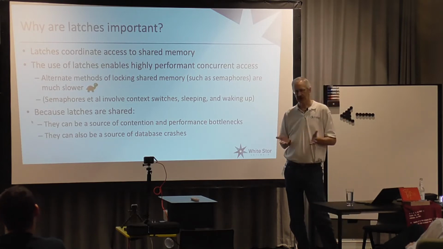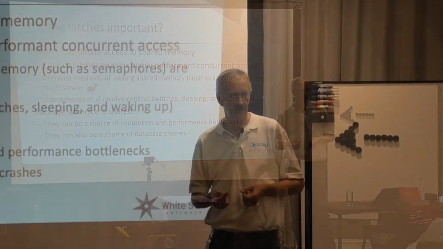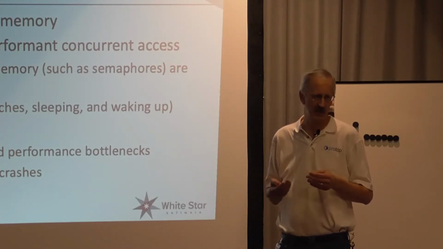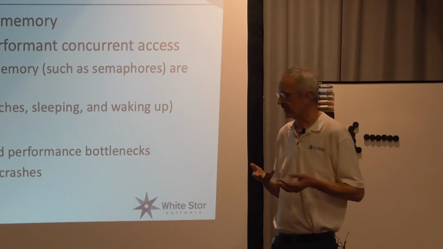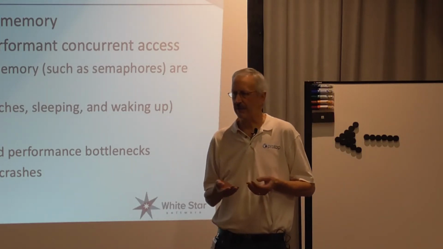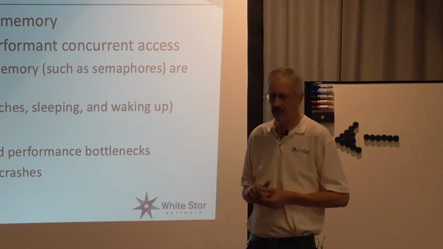because latches are shared, though, they can be a source of contention. So if you have lots of users all trying to acquire a latch at once, there's a lot of CPU utilization involved in that, and that can obviously drive a lot of load on your server.